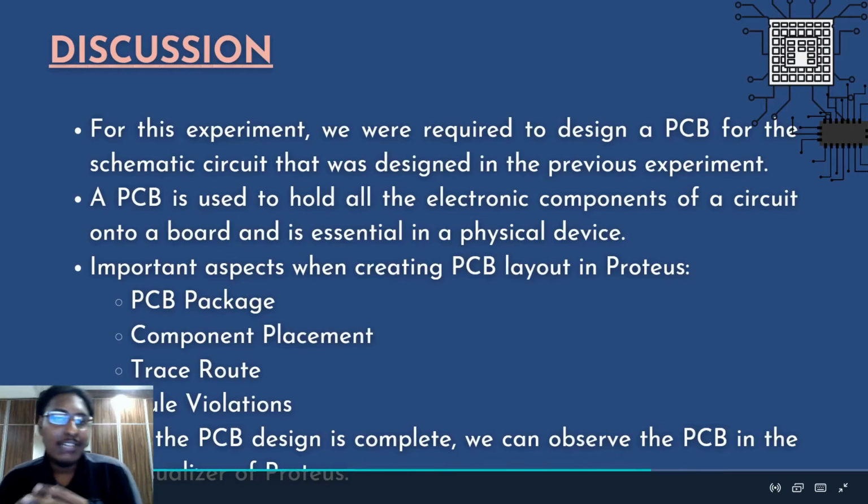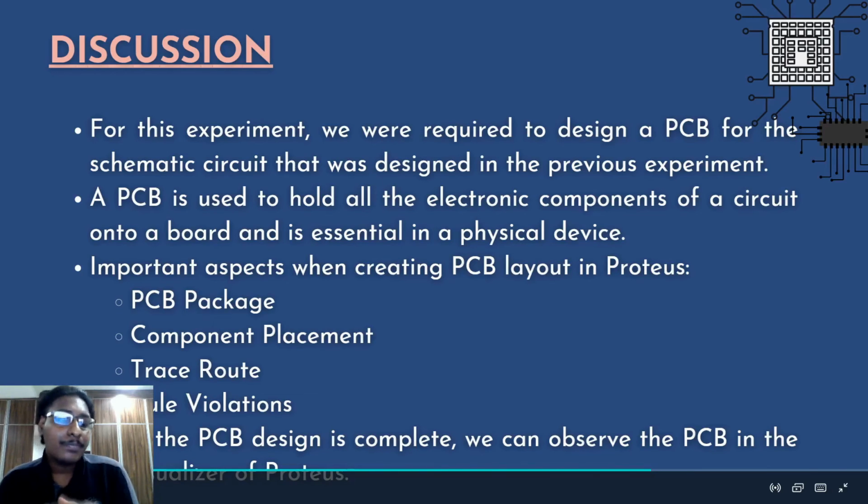Another important thing that we need to consider is the rule violation, whereby tracks that should not be connected to each other are being connected, missing components or missing traces. These are all called rule violations, and rule violations can be checked by doing the pre-production check, which is available in Proteus itself.